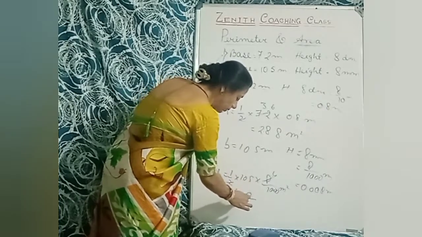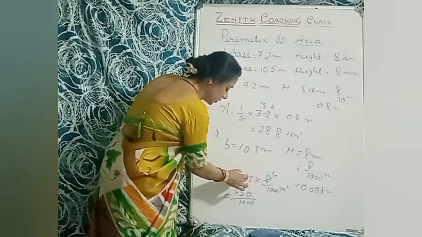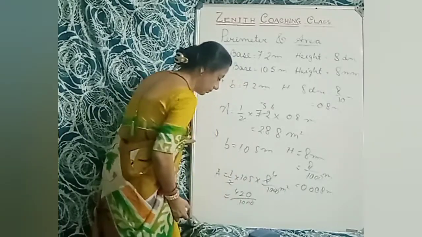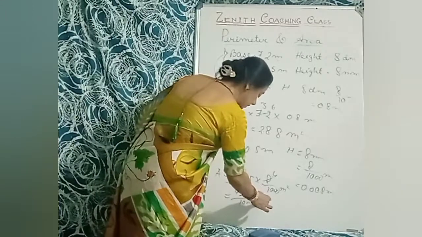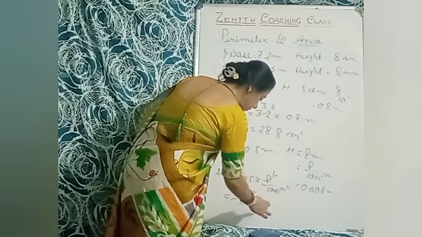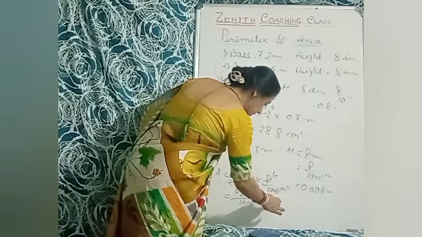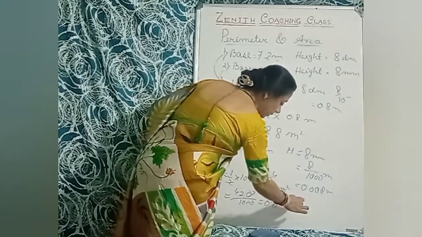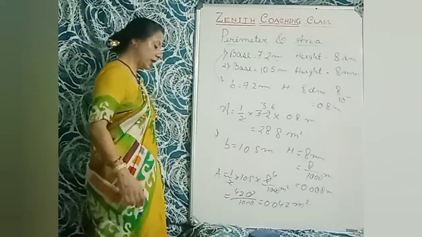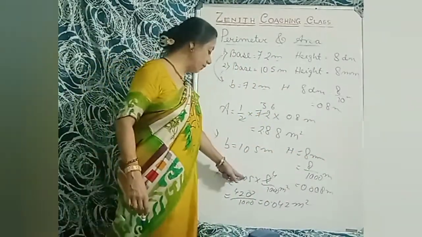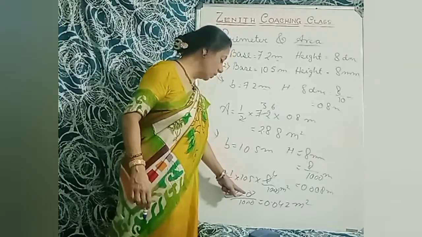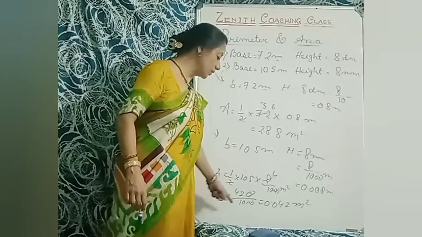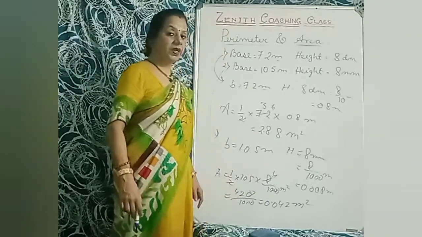So 42 by 1000, that is 0.042 meter square. Here is 10.5, so the decimal point is before 0. So 42 by 1000, that is 0.042 meter square.